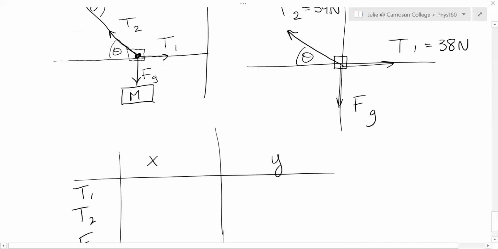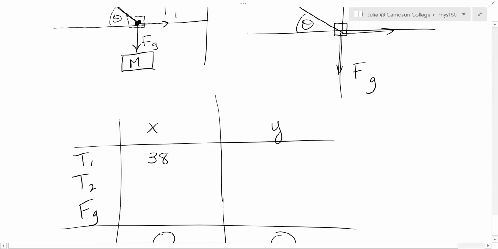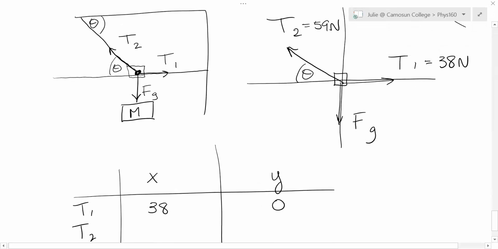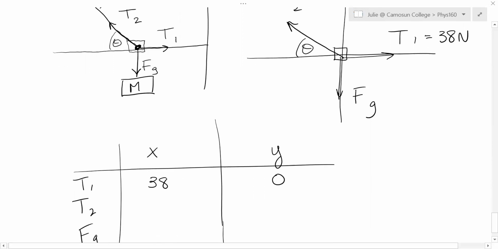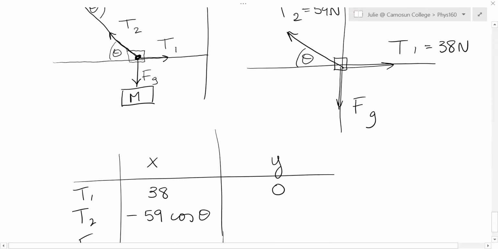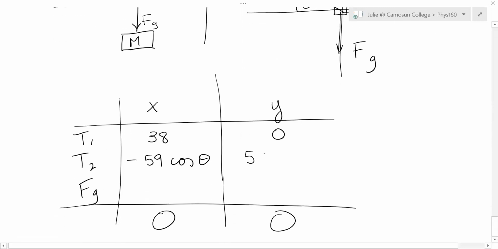Okay, so T1 has 38 in the X, nothing in the Y. T2, in the X, it's left, so it'd be negative 59 cos theta. In the Y, it points up, it would be 59 sine theta. Fg has nothing in the X, and it would be negative mg.